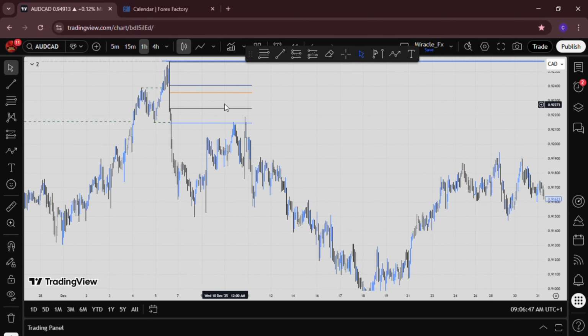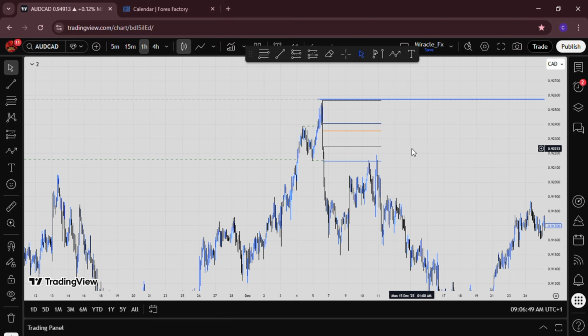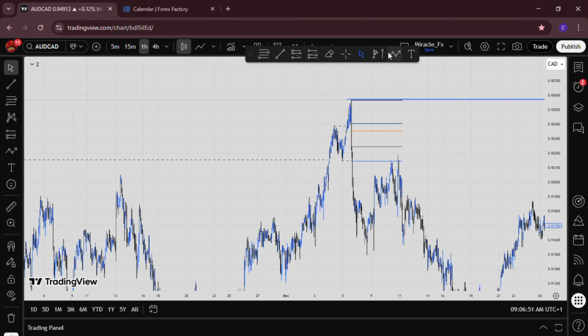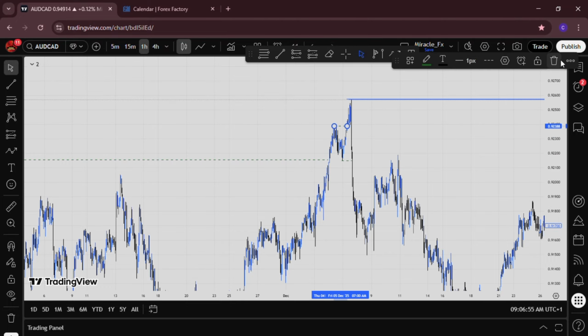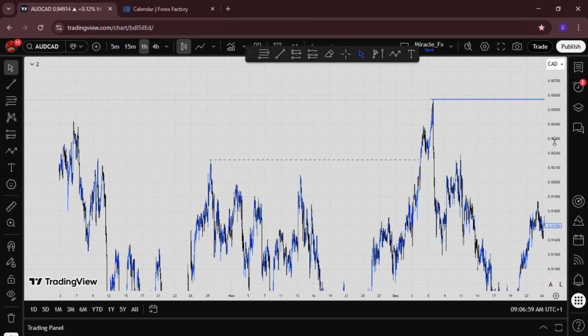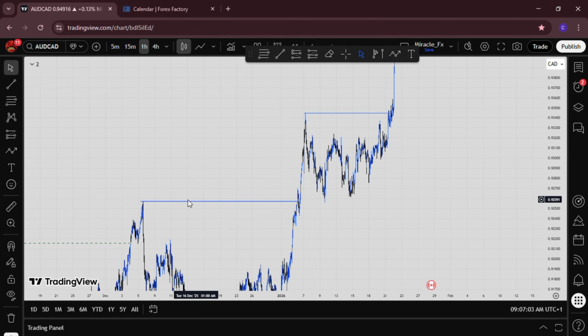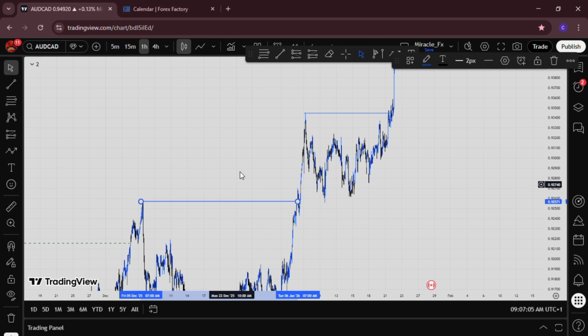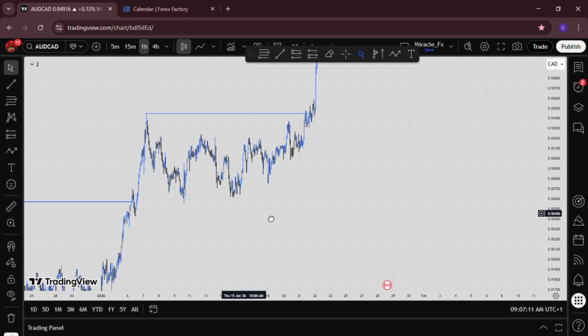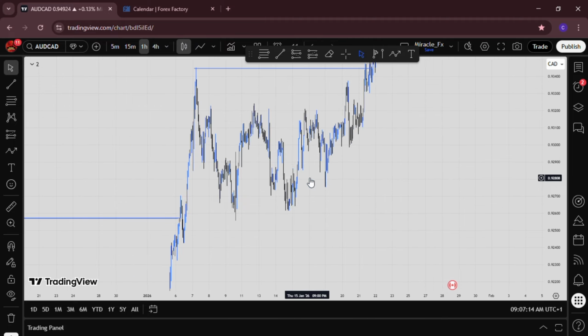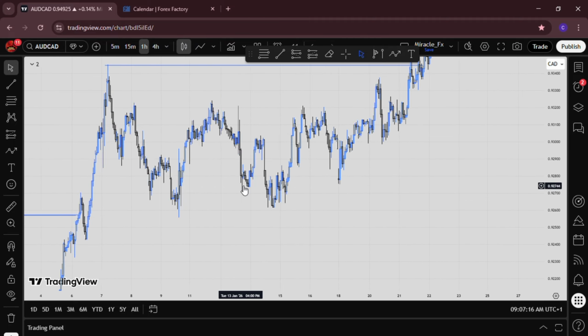Let me look for another chart example, like this one here. This is a 4 hour sweep, 4 hour break of structure. Then on the 1 hour, there was no confluence here.